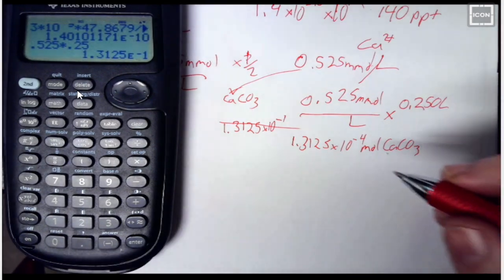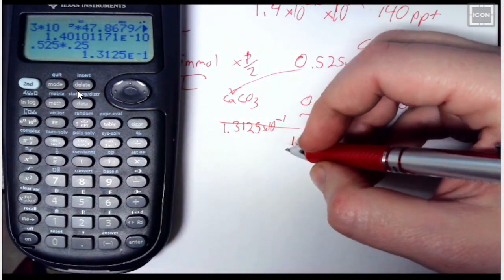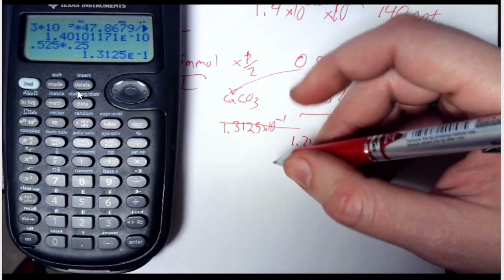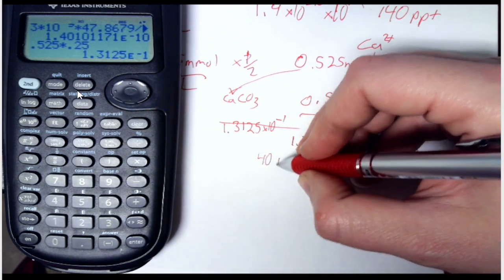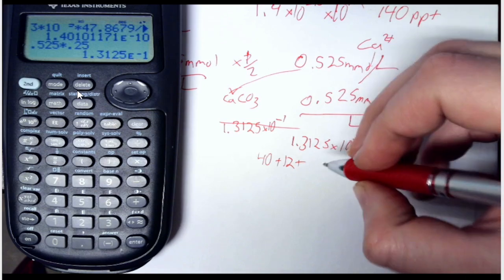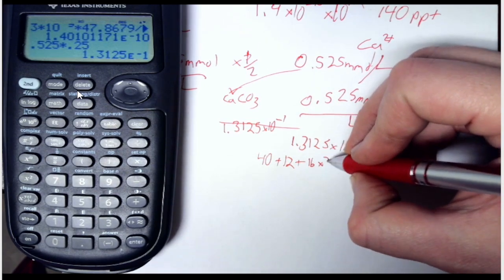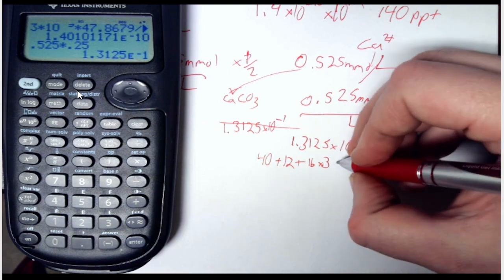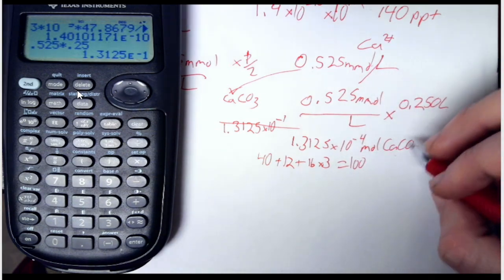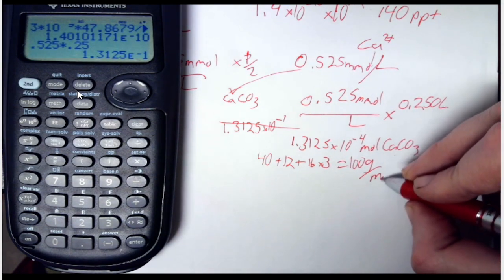Now, how much does calcium carbonate weigh? Calcium weighs about 40. Carbon weighs about 12. And then 16 times 3, that's something like 48. So the total molar mass is something like 100 grams per mole.